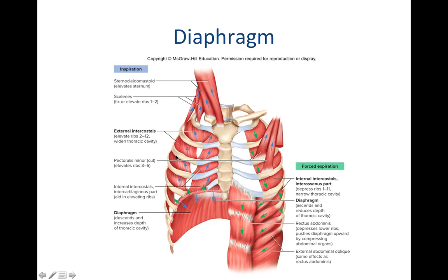So your external intercostals and your diaphragm provide all of the muscle power that's needed for you to inhale. And then when you exhale, all you do is relax those muscles. Now for forced expirations, you'll use some of these other accessory respiratory muscles. But just when you're sitting quietly, a normal quiet breath is accomplished just by your diaphragm and your external intercostals. So make sure that you identify these on the models in lab.